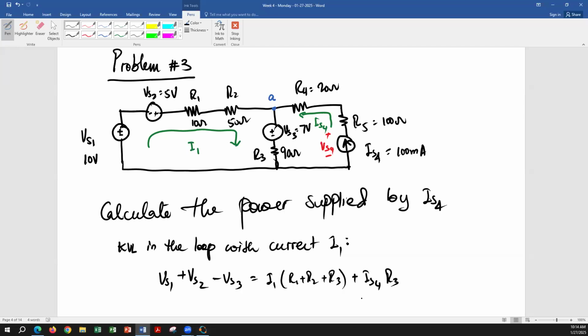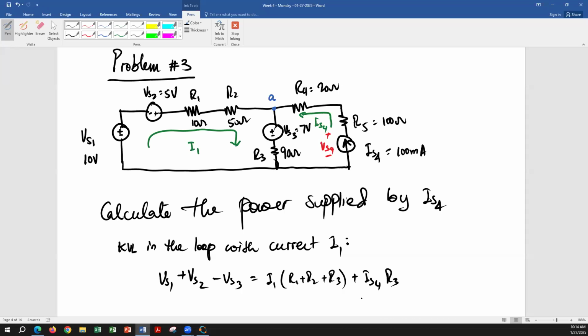Anyone has any question about this KVL equation? Make sense? Both are going in the same direction in the common branch, yeah. That's why we put plus. Make sense, everyone?